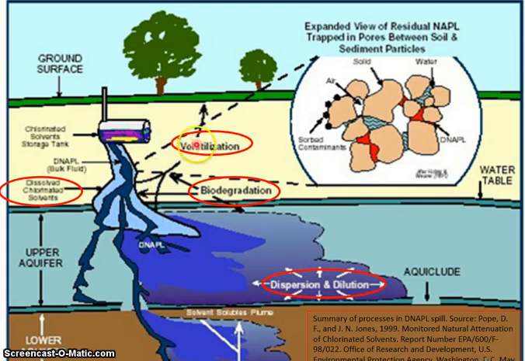It can volatilize and become a vapor also. And once it surpasses the water table, it might be a dense NAPL. So it could disperse and dilute more in the ground, and it can create a plume and so on.